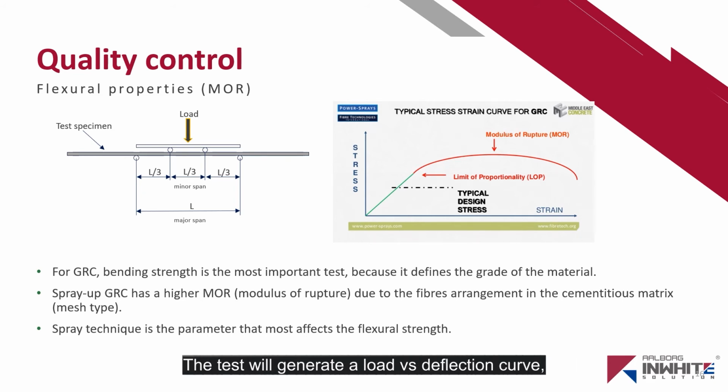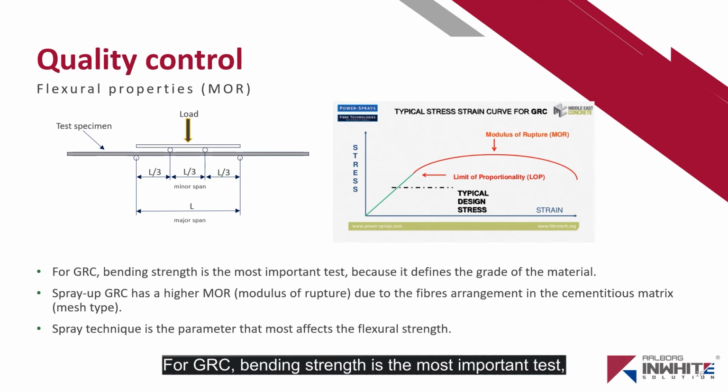For specific dimensions, instructions and calculations, please check the standard. The test will generate a load versus deflection curve from which the deflection and load can be assessed. The deflection and load at the limit of proportionality, LOP, corresponds to the point where the linearity changes, as you can see in the graph. The deflection and load on failure, modulus of rupture, MOR, corresponds to the maximum load value recorded.